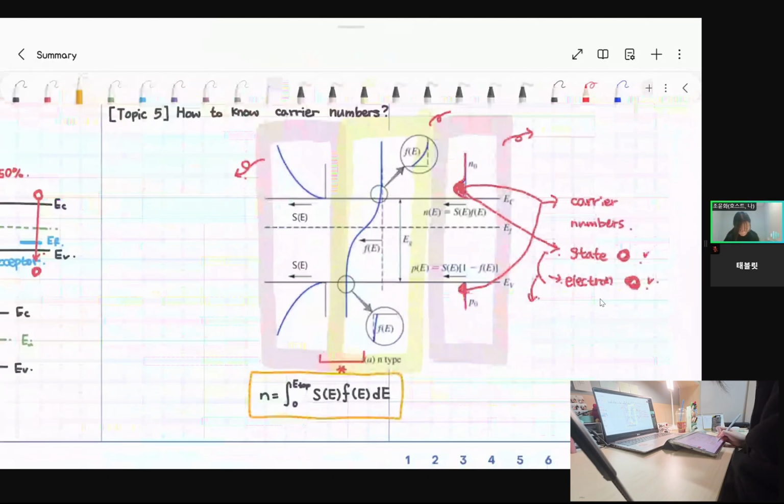We multiply the state and the Fermi-Dirac distribution and integrate over energy. That gives the electron numbers of what we have doped.